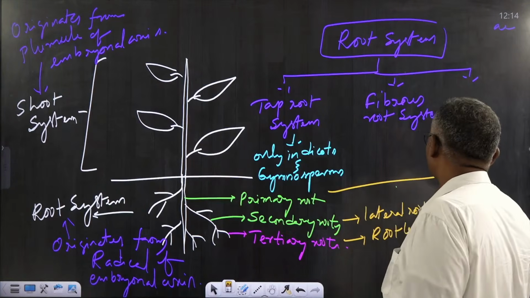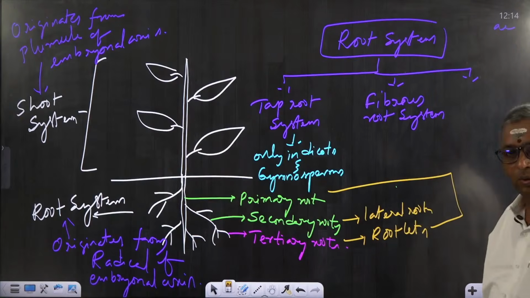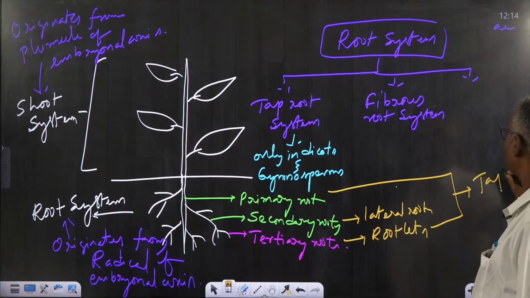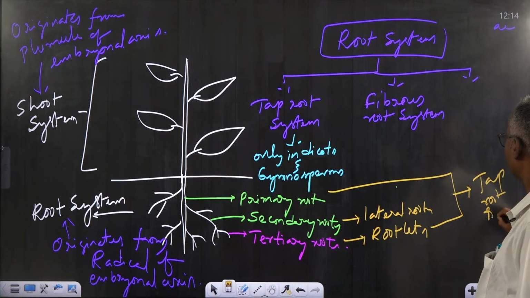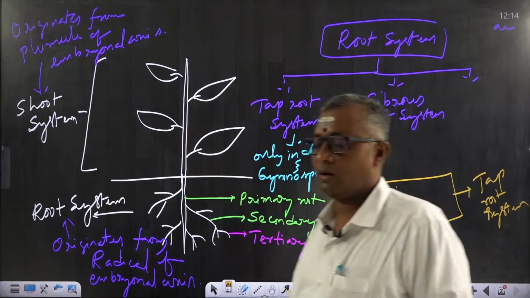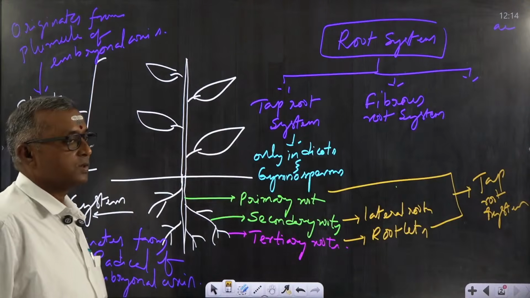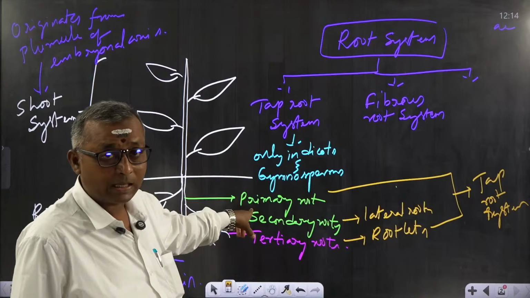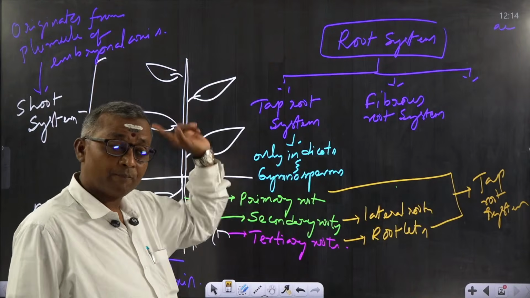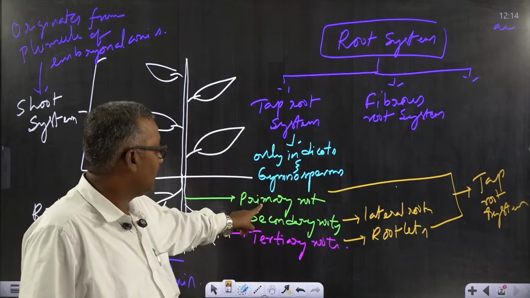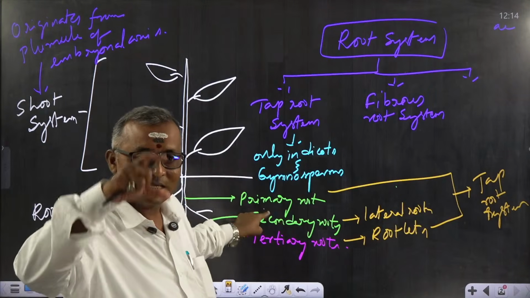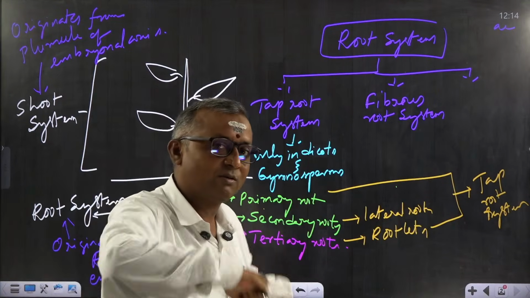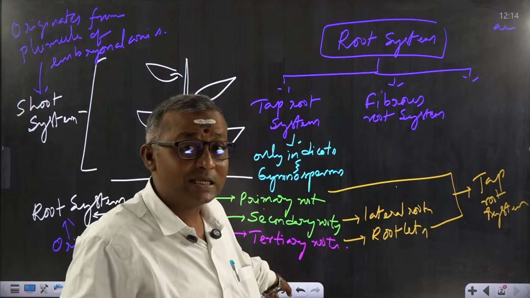A root system with a primary root, lateral roots and rootlets is called the taproot system. What is it called? Taproot system. This primary root has formed from the radicle. In this case, is the radicle persistent or ephemeral? Ephemeral means temporary, short-lived. Persistent means it lives for a long time, long-lived. Here it is persistent.